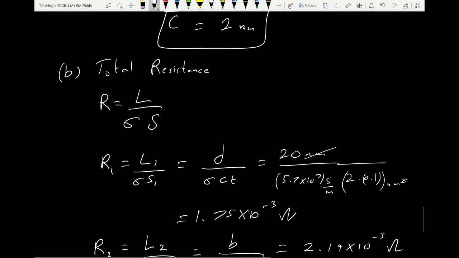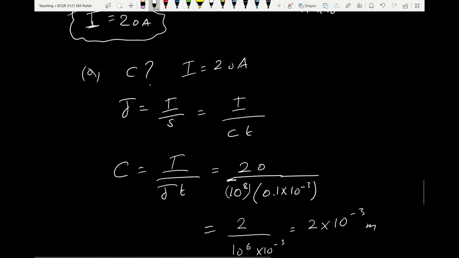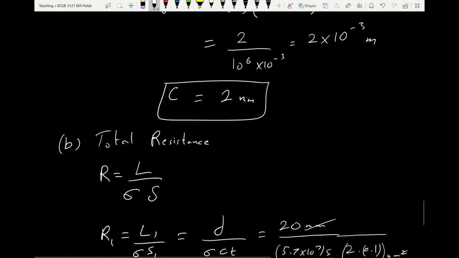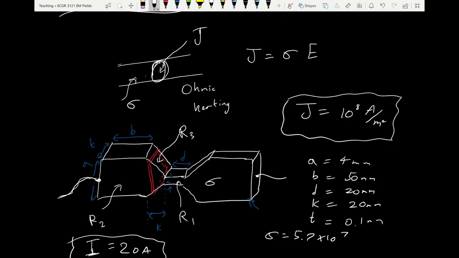So although the cross-sectional area here is wider than the small neck, the resistance is still slightly higher. It's almost double. No, it's not double, it's 1.75 versus 2.19. Why is it higher? Because this segment has more length than the small one. B is 50 millimeters while D is 20 millimeters. So the more length you have, the more resistance you get.